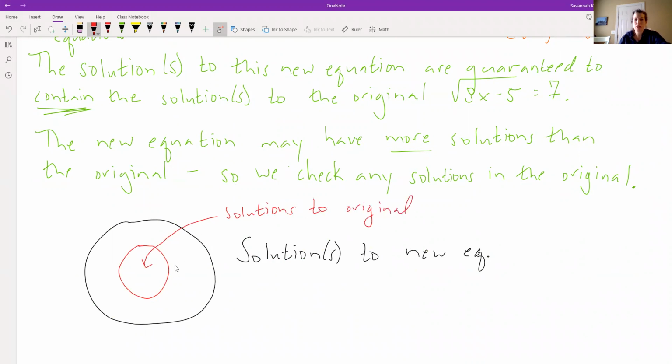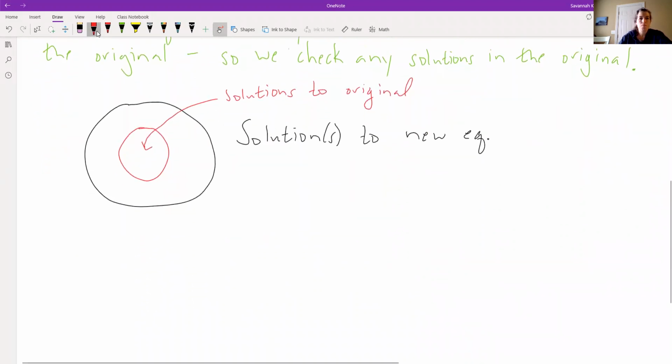Okay, now sometimes we get super lucky and the following happens, and I think this will happen in the first few examples. The two sets will be identical.